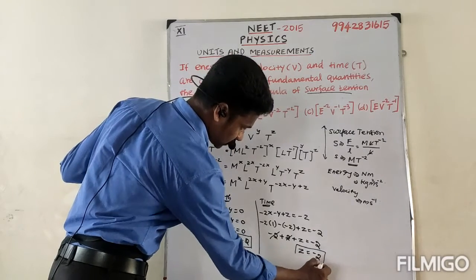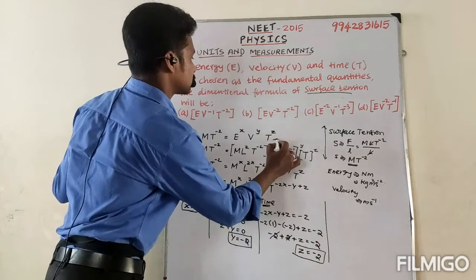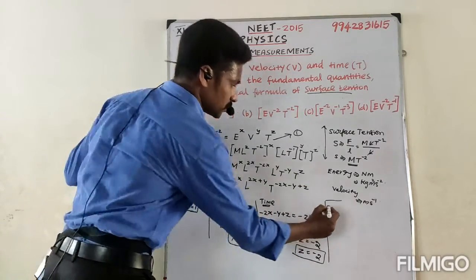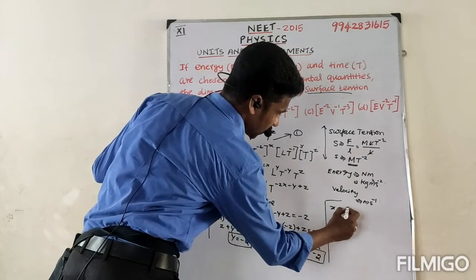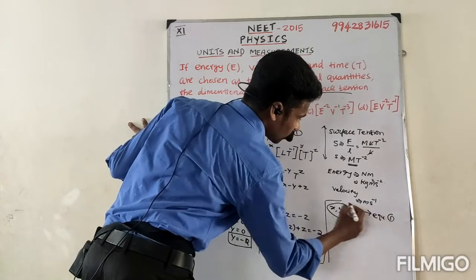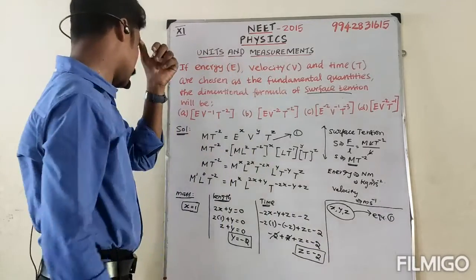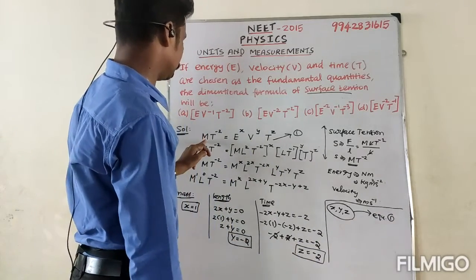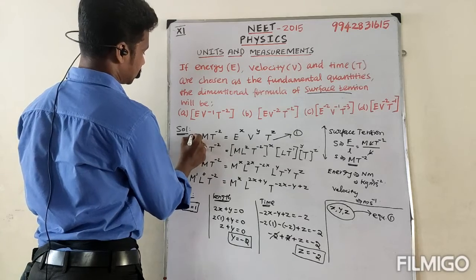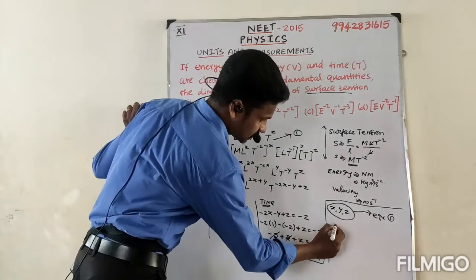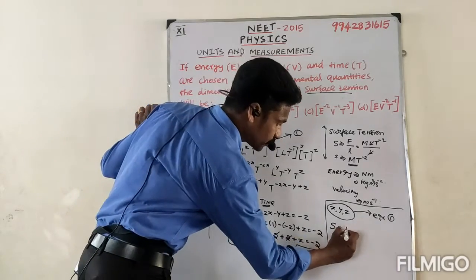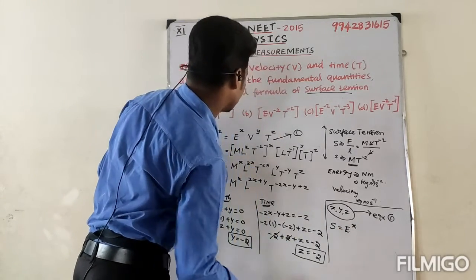Now you observe, let us take this as equation number 1. Now we can apply the X value, Y value and Z value in equation number 1. Equation number 1 is surface tension. So surface tension is equal to E^X.